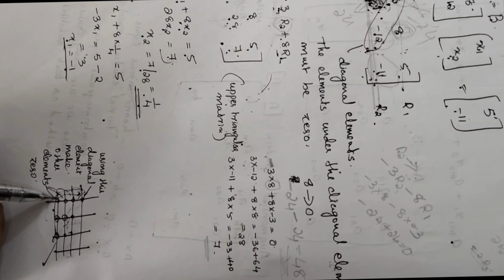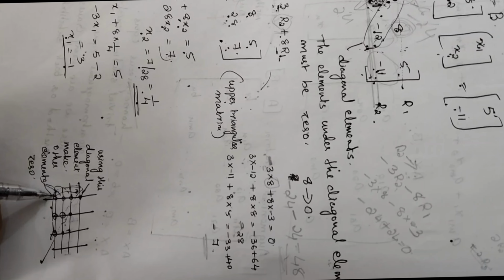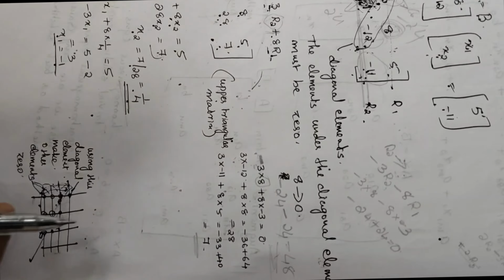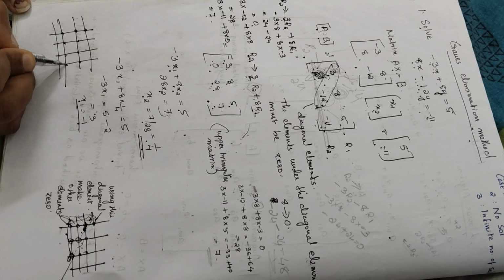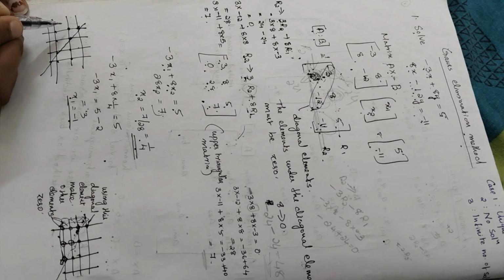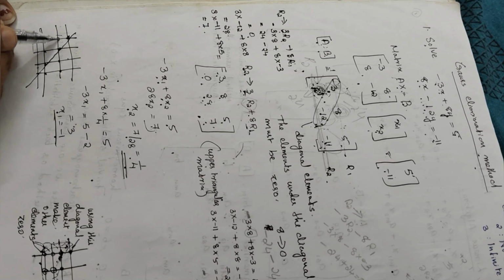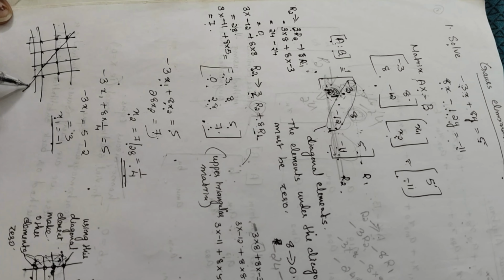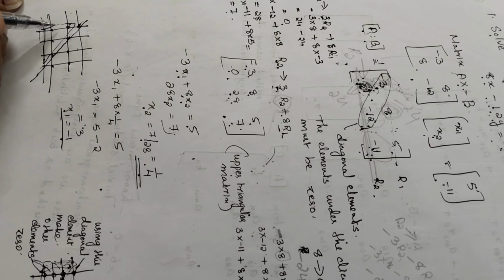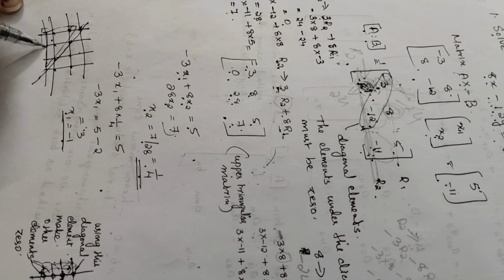So for that we are doing row reduction. Using these diagonal elements, we are converting the elements under the diagonal elements to 0. This is the calculation method we are doing here.